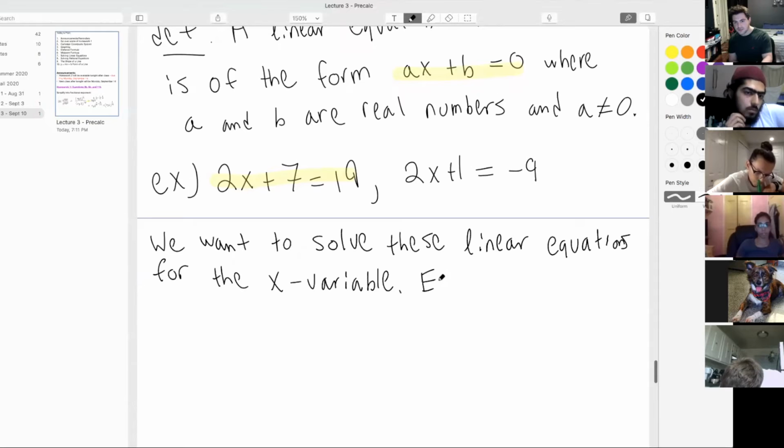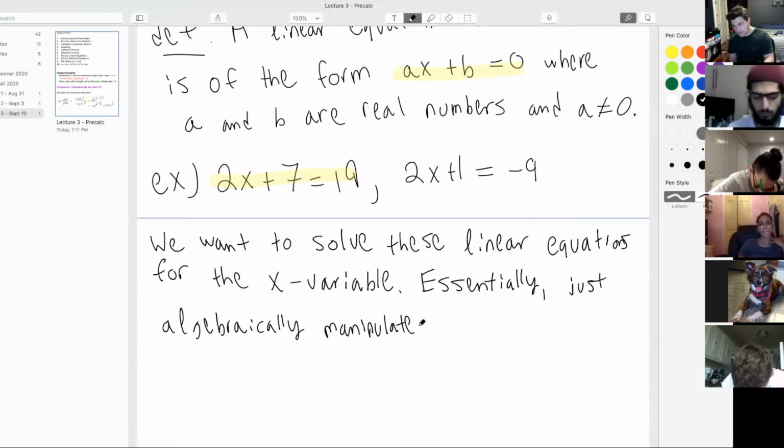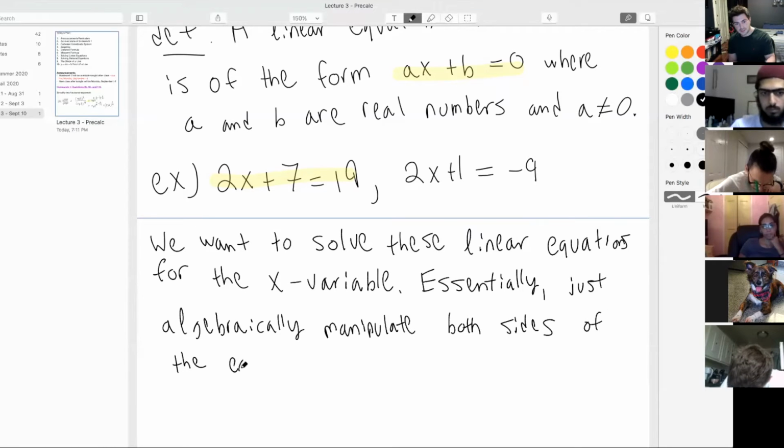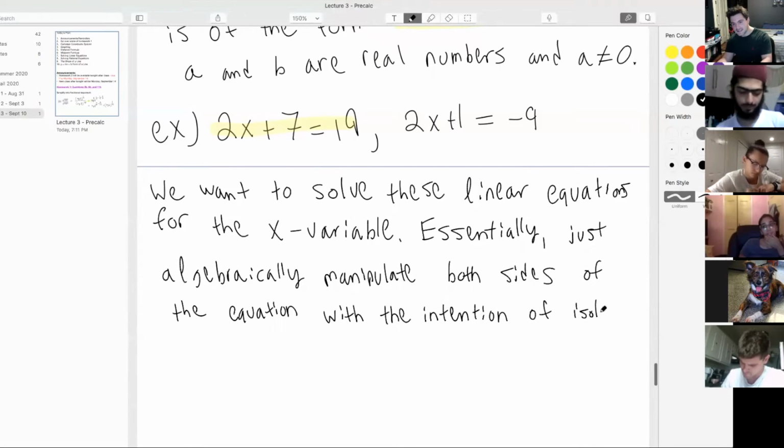Essentially, algebraically manipulate both sides of the equation with the goal of isolating x.